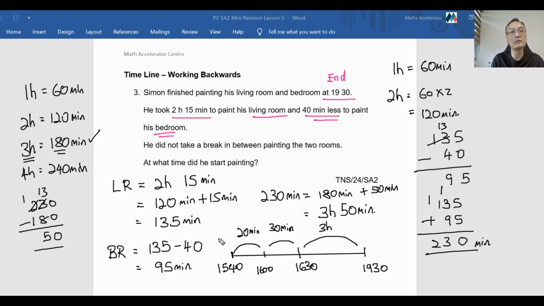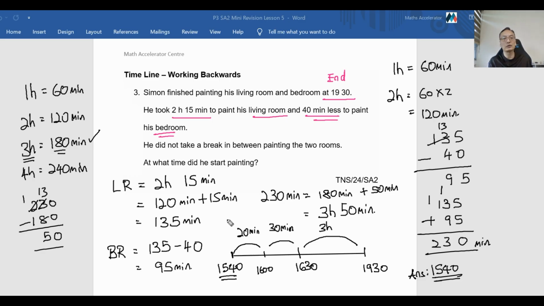So we know that Simon's starting time for painting both rooms will be 15:40. Let's write over here the answer. 15:40 is the answer. That is the time he started painting both rooms.